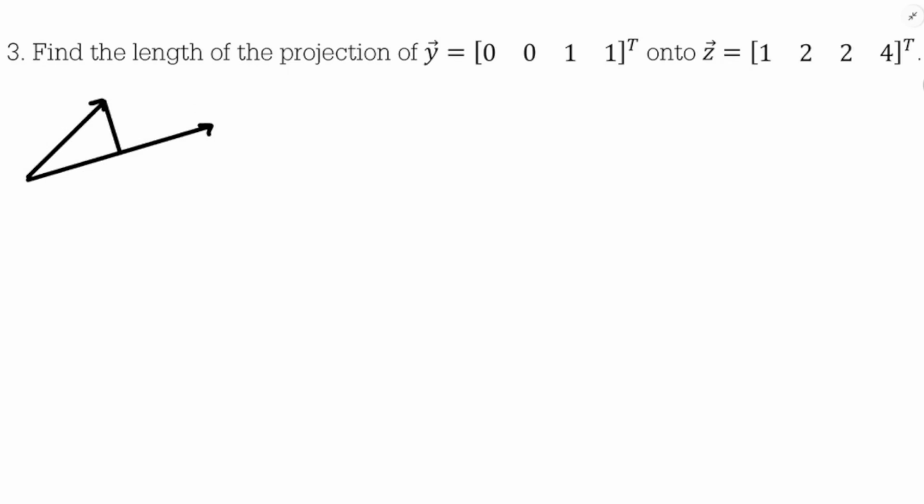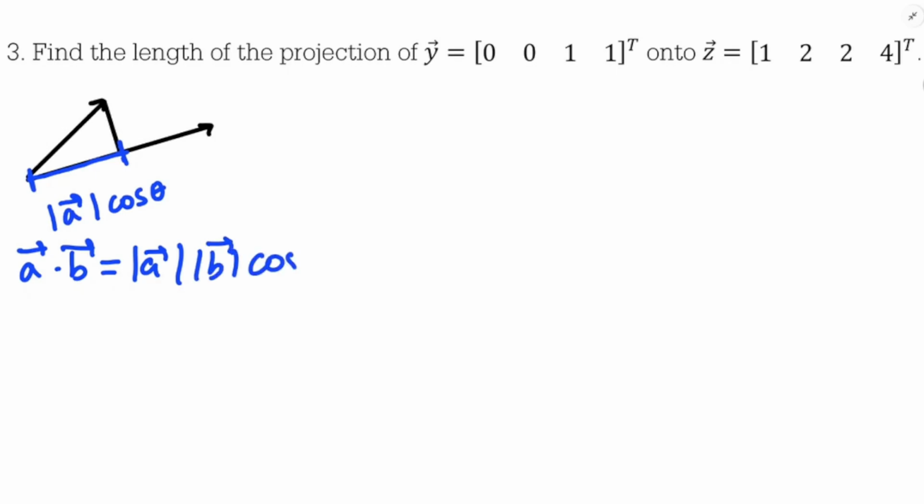So the length of the projection here is going to be length of A cosine theta. But we also know that A dot B is length of A, length of B, cosine theta.